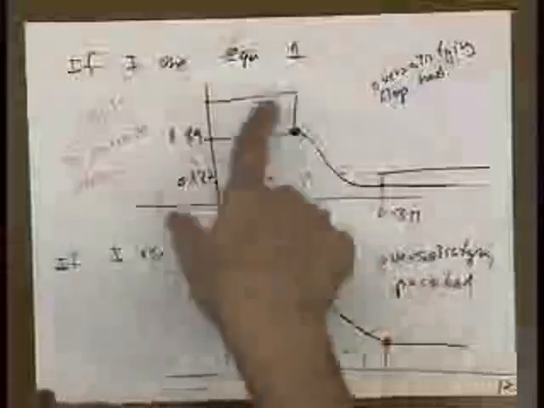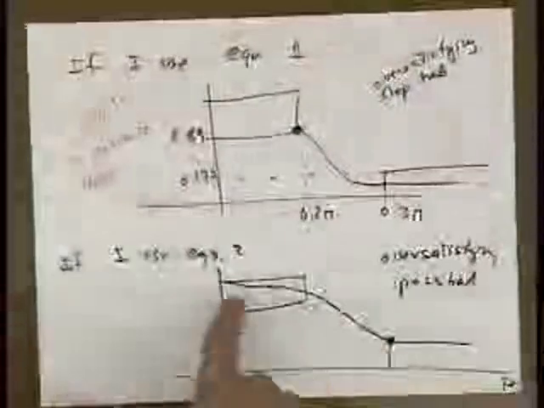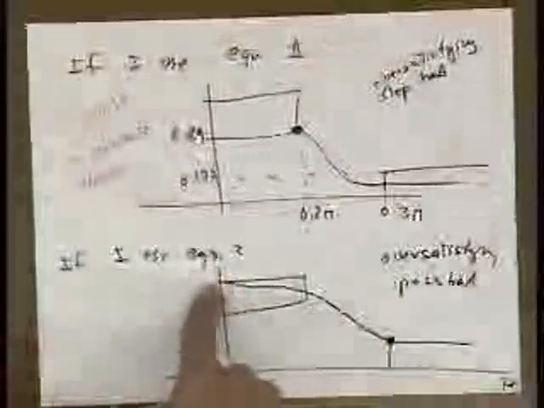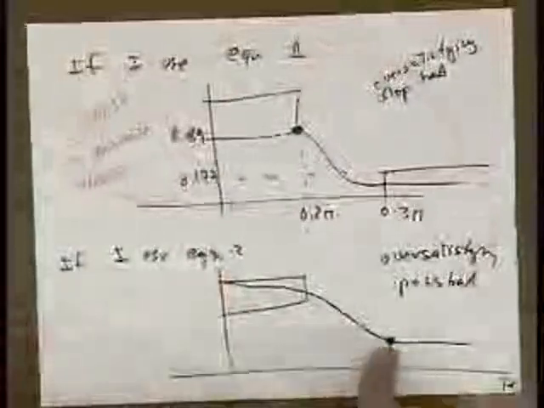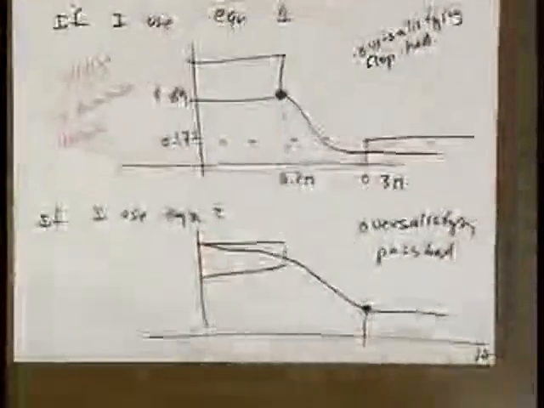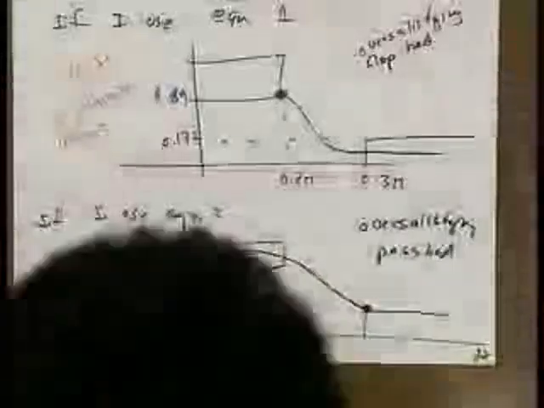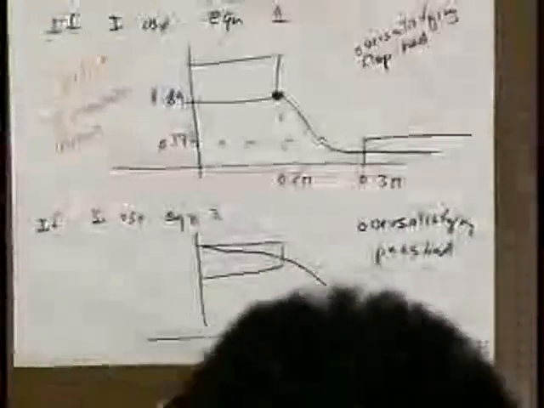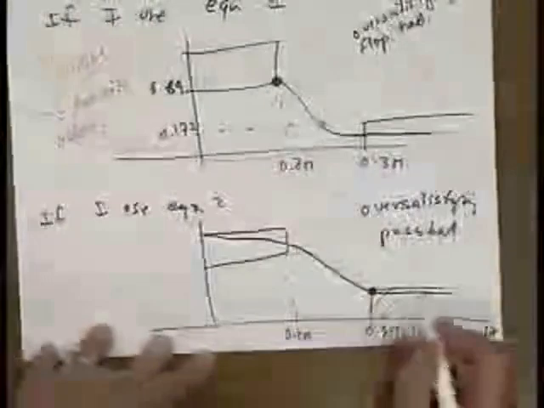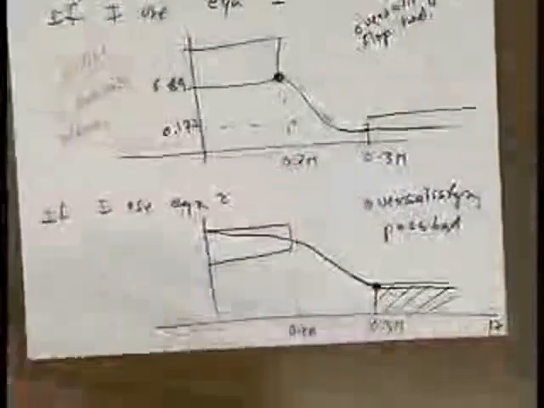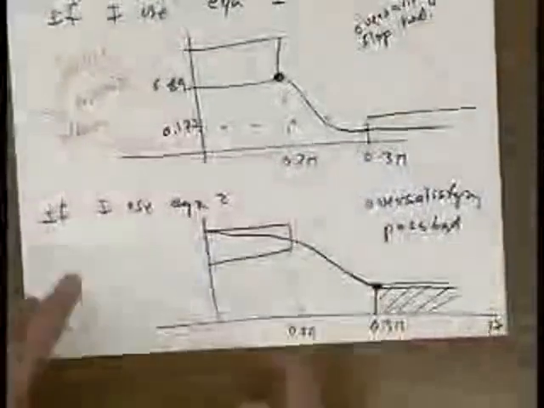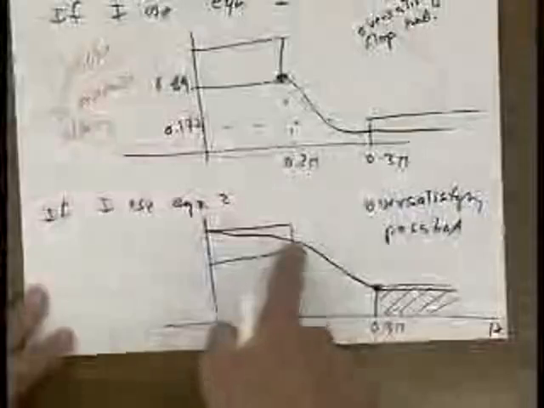So case 1, if I plug into equation 1, I get this equation. If I plug it into equation 2, I am ensured that at 0.3 pi, which I didn't label, let's just do that, I pass through this point that I have to pass. However, at 0.2 pi, I've over-satisfied the specs.